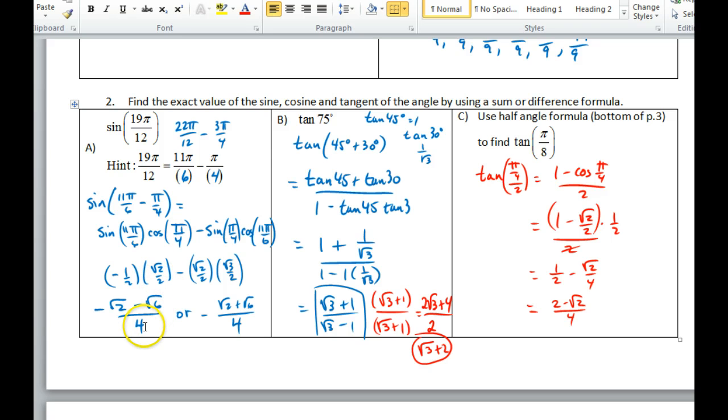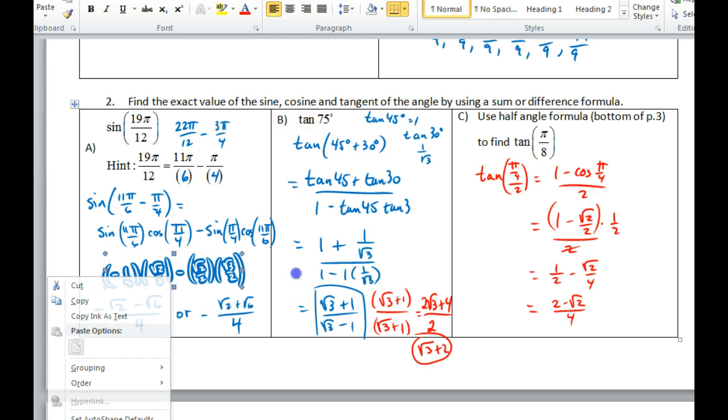So on the bottom I'm going to get 4, and on the top square root of 2. This one over here I'm going to get square root of 2 times square root of 3, which is square root of 6, all over 4. Since both of these are all over 4, I can write them as one fraction. Some people have trouble with these fractions, so make sure you understand this.